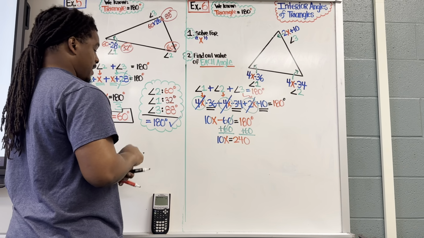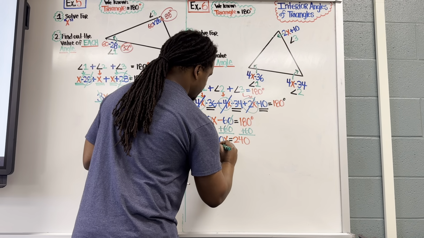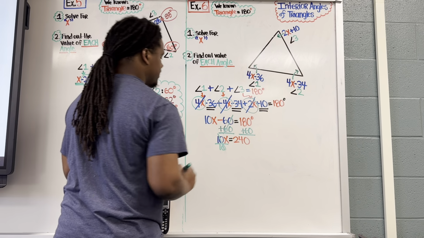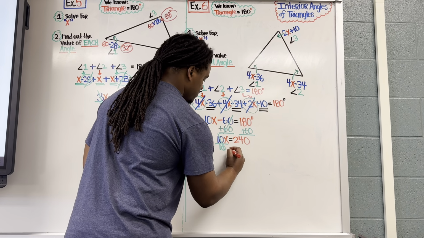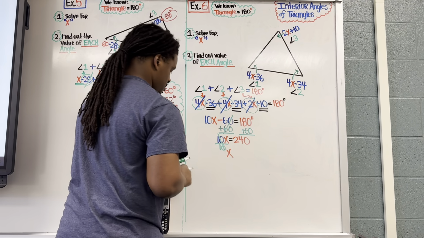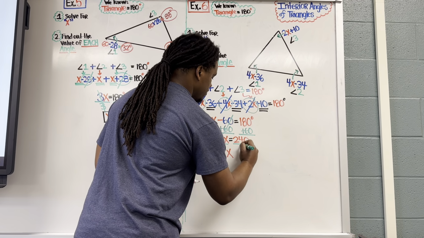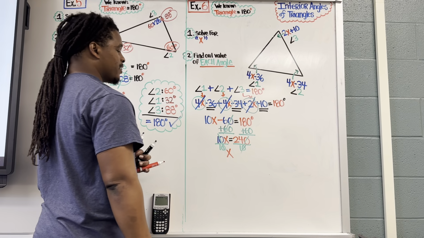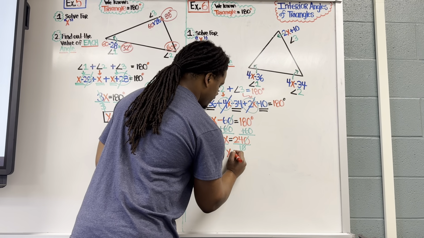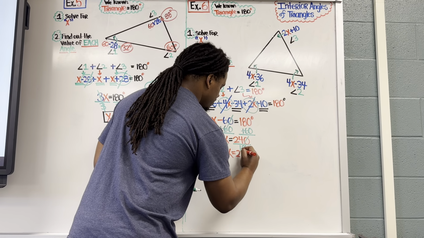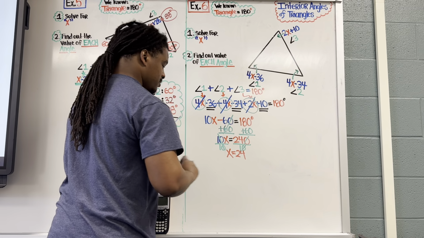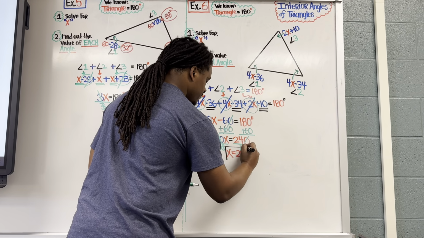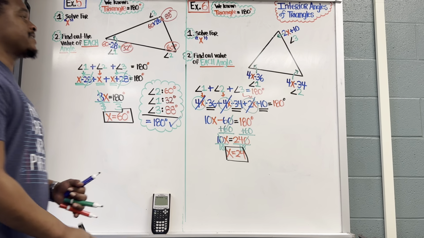Okay? Now, if I divide both sides by 10 to get x by itself, 10x divided by 10 is x. And 240 divided by 10 is just like saying 24 divided by 1, which is 24. So x has a value of 24.